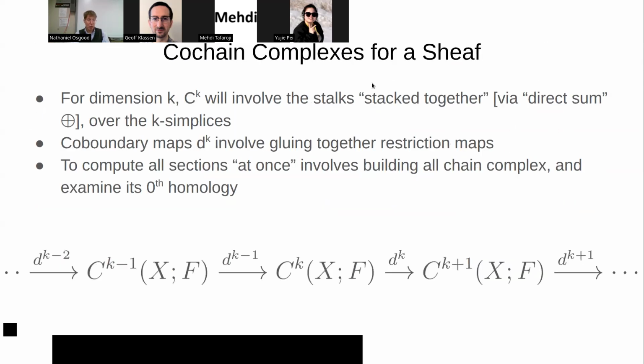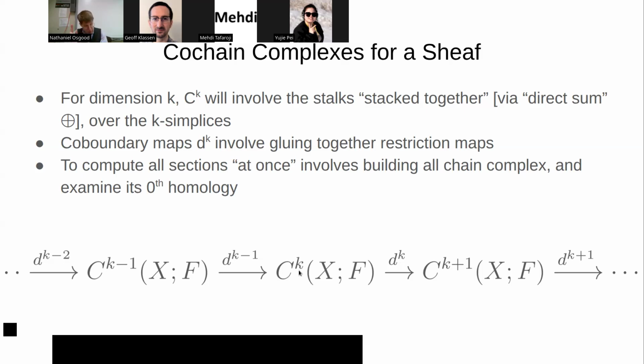Okay, so now with sheaves, we're not going to have C upper K indicating that anymore. What is it going to be? It's going to be the stalks over each of those K simplices. Sorry, let me say that again, because I need to emphasize. C upper K is going to be associated with the K simplices.